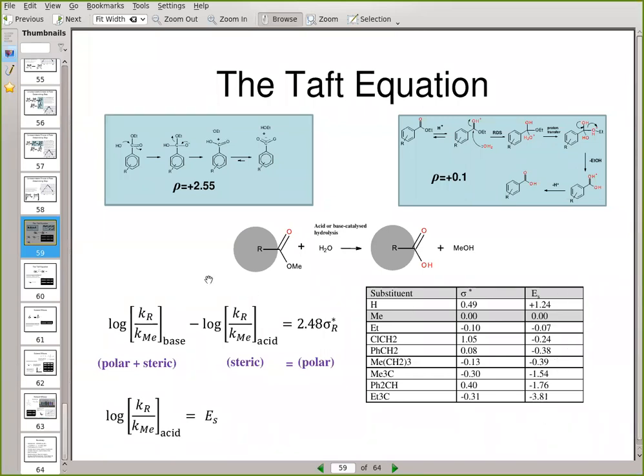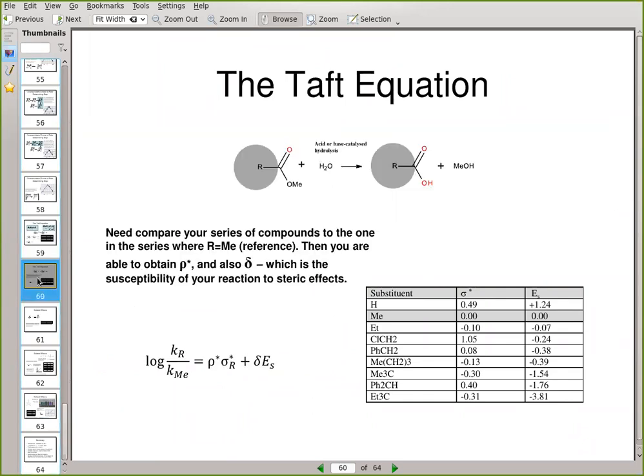So if you're going to use a Taft equation, what you're tasked to do is you need to have a whole lot of reactions. Not ester hydrolysis; you'll pick your own reaction that you're interested in, and you will have a whole lot of R groups. But you must do the reaction with a methyl group.